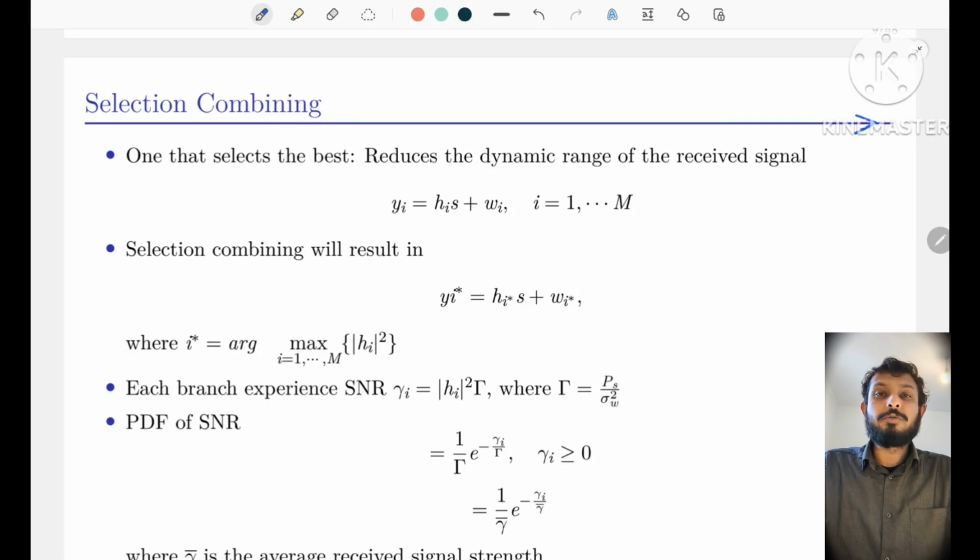In the previous video, we have seen the motivation for receiver diversity and how we can effectively combine the signal when we have multiple antennas at the receiver.